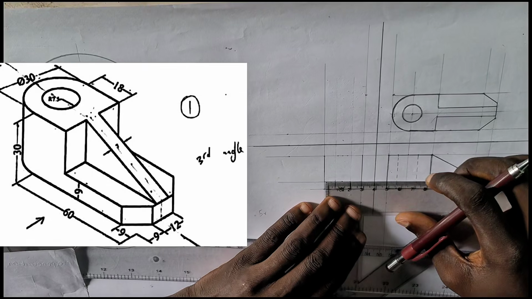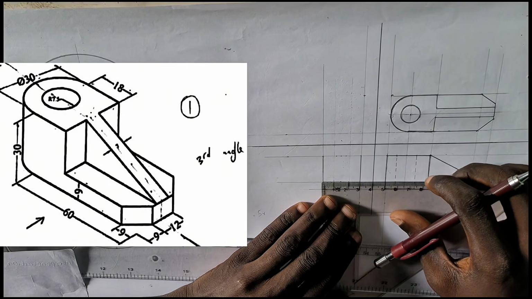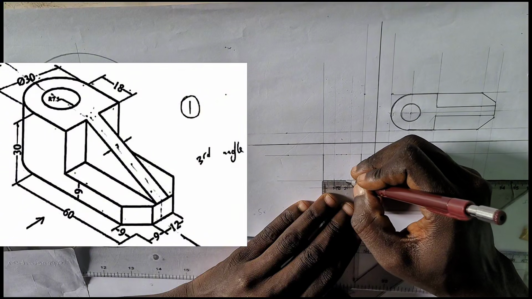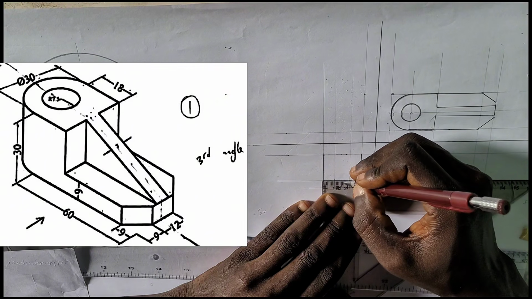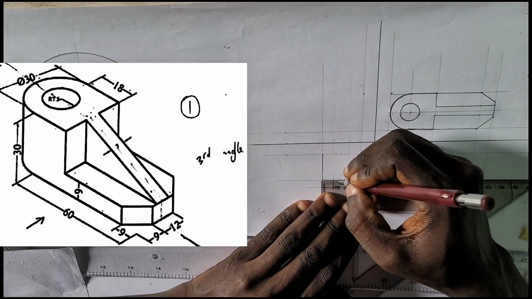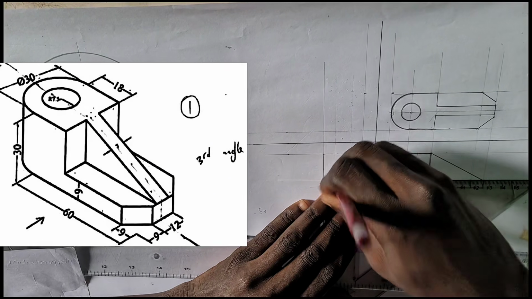Okay, so let's do the same thing here. 1 2 3, this 3.5. 1 2 3, this 3.5 here. 1 2 3, this 3.5 here.